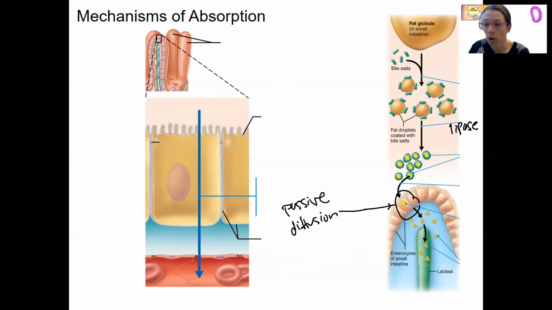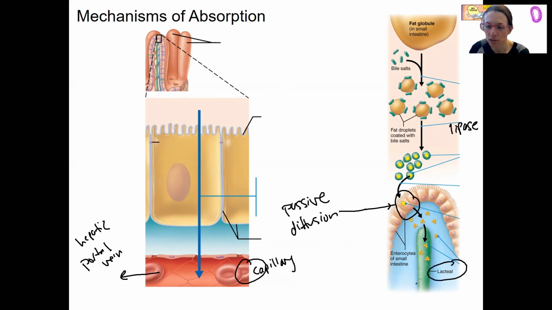The fats are the one exception to this capillary being the goal. This capillary would go to the hepatic portal vein. Fats are going to actually enter this lacteal to go to the lymphatic system. Eventually, they will also enter circulation, right?